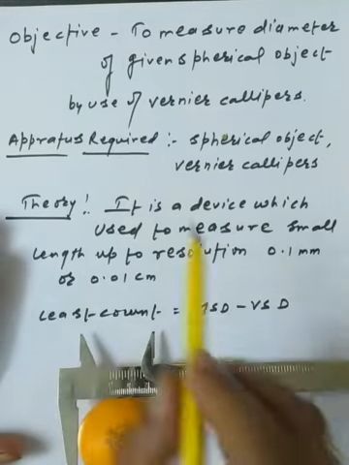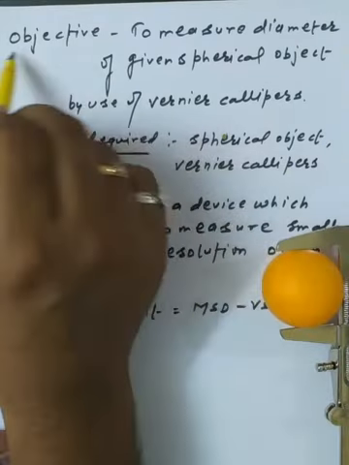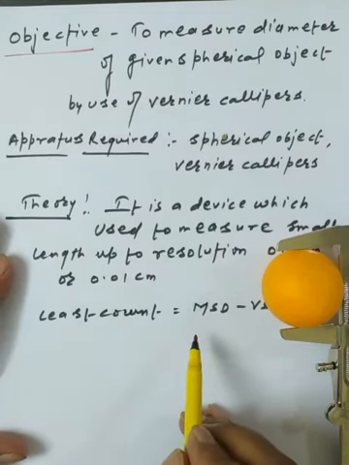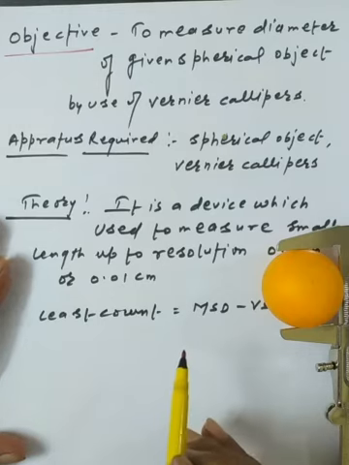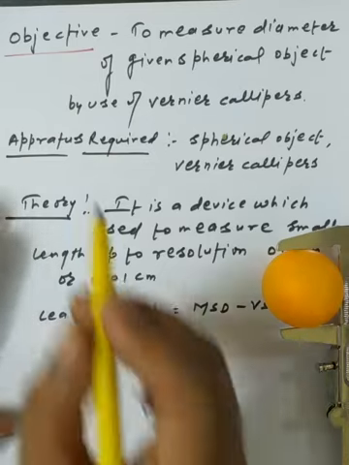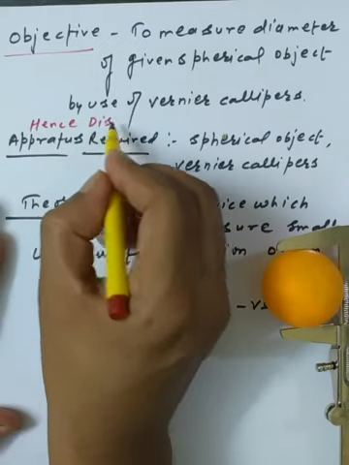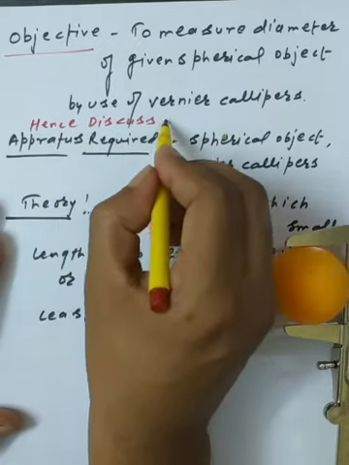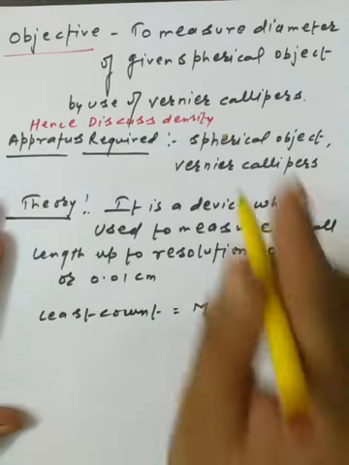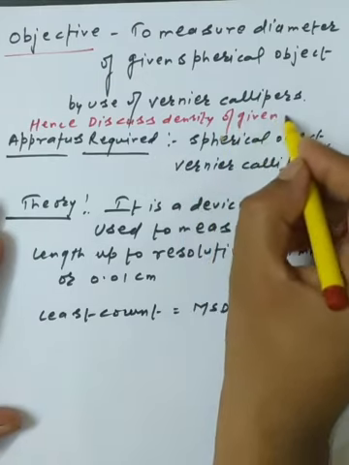Now, one of the basic objectives which I have written here: one of the simplest objectives is to measure the diameter of a given spherical object by use of the vernier calipers, and if you are able to measure the diameter, then easily we can get another piece of information, hence discuss density of the given object.